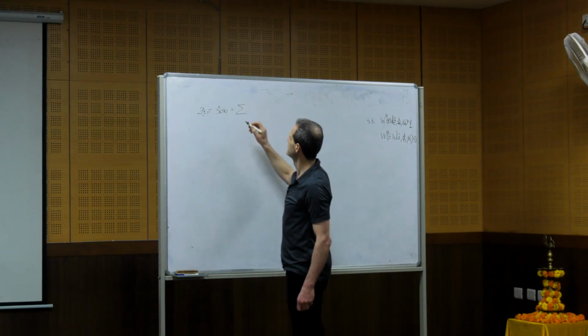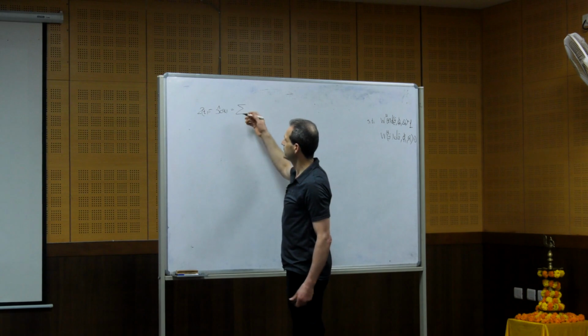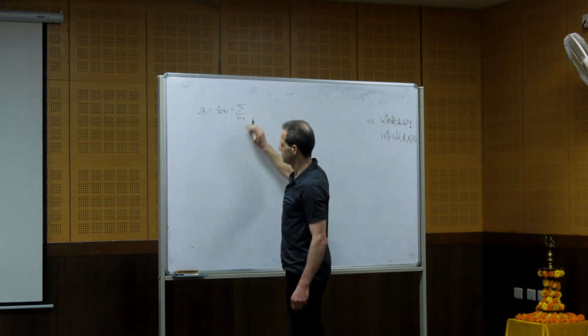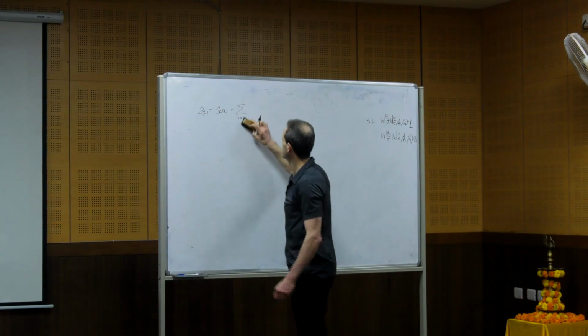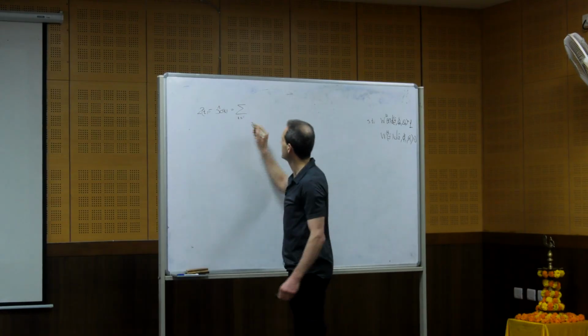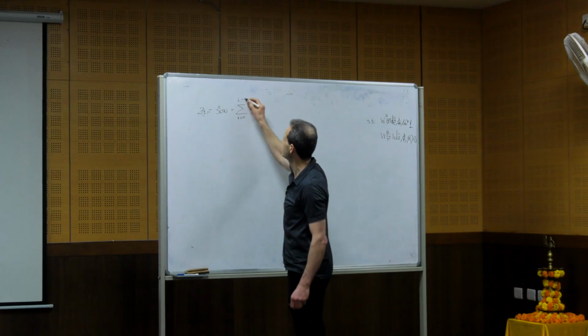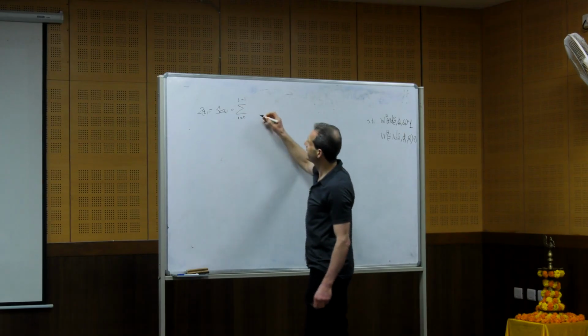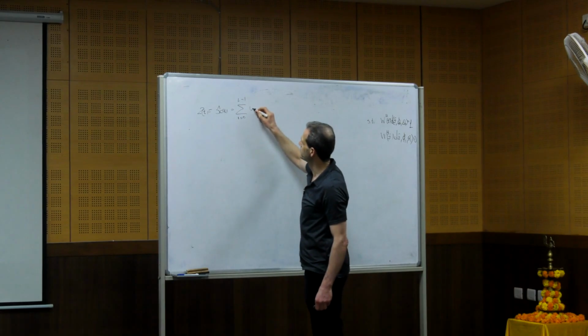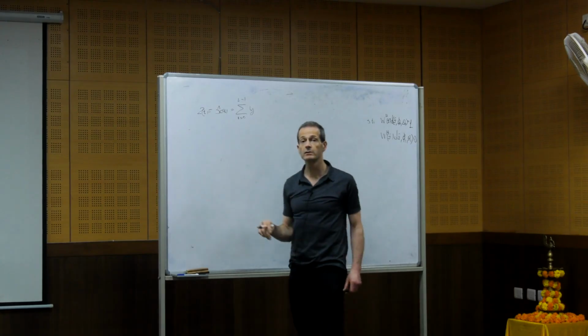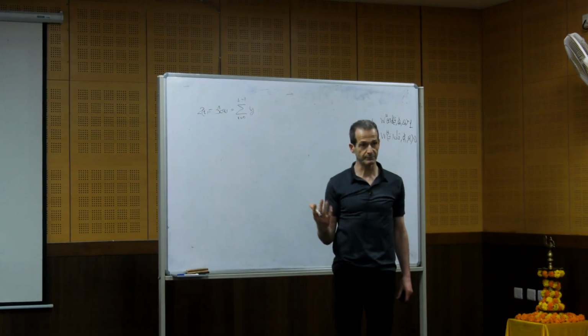Summation from i equals 1 to L, or let's say even from 0 to L minus 1. And then I take samples. Suppose that I want a causal estimator.